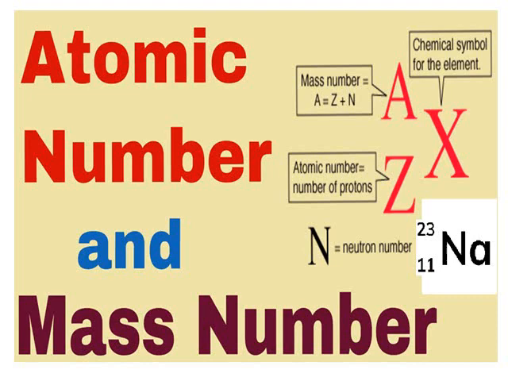Now look at this right side with the colored Z, A and X. This is the usual way we represent an element. X represents the chemical symbol for the element. See down, in the place of X you have Na.